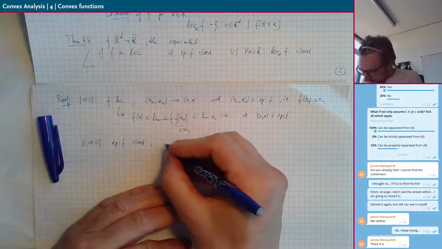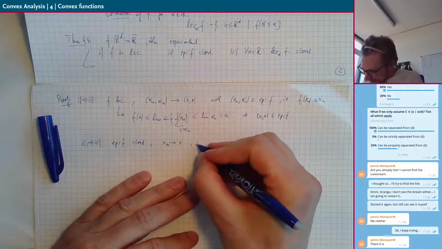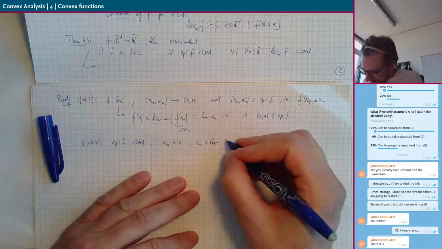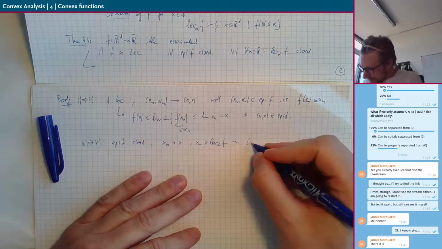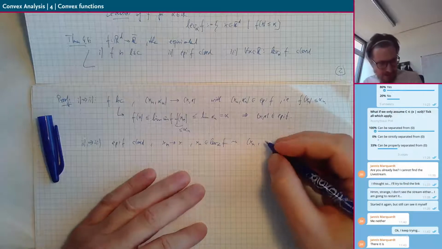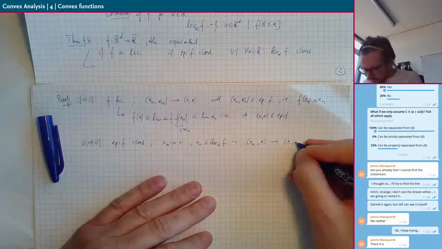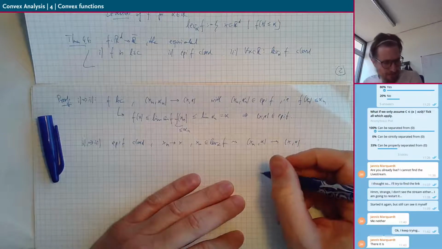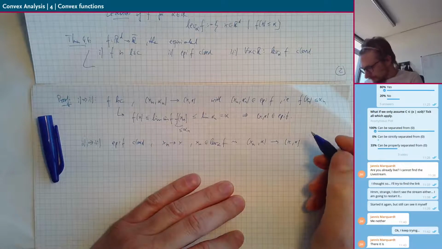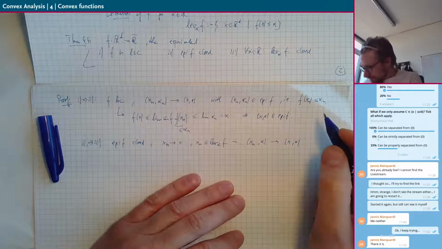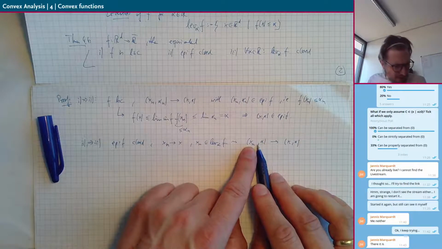So what we do is we take xn converging to x, with xn in the level set of some alpha, which means that xn alpha also converges to x alpha, and that's it already.